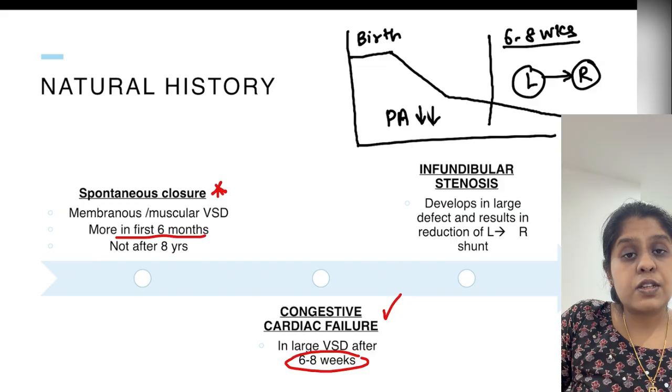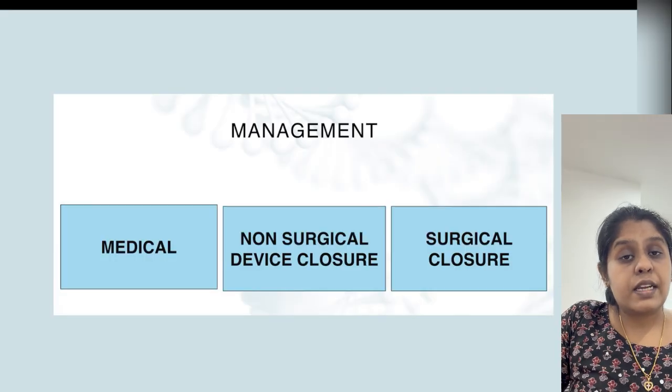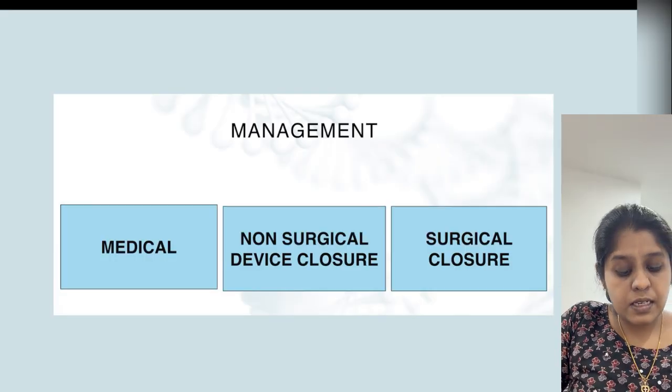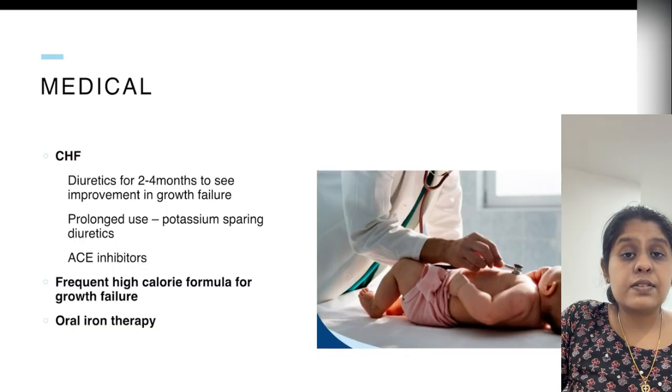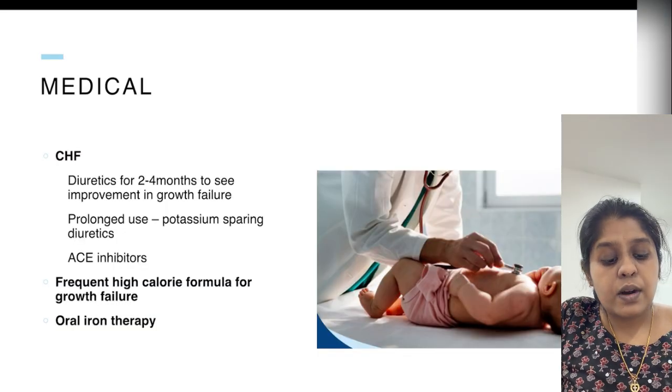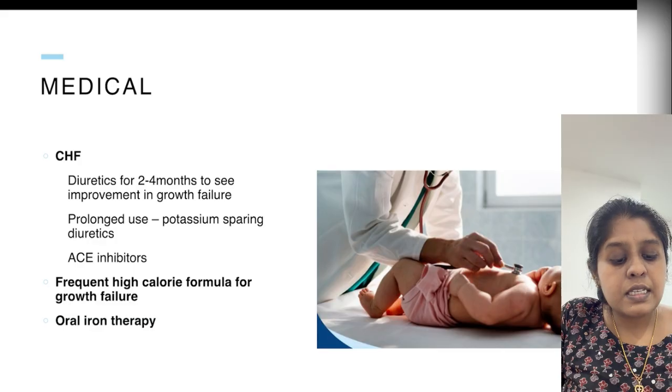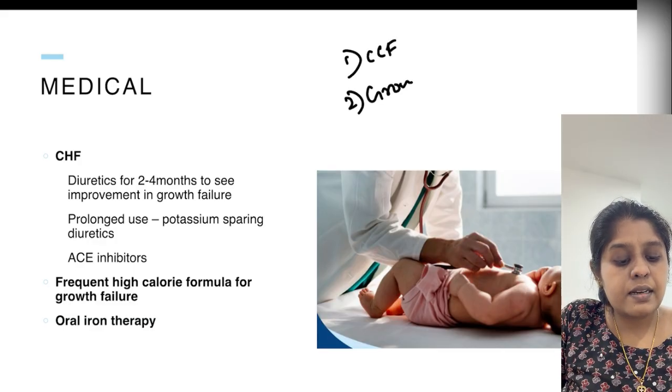Coming to the management of VSD, we have medical management and surgical management. There can be medical, surgical, and even non-surgical device closures. So coming to medical management, our goal in managing VSD includes three things. One is CCF prevention, second is the growth of the baby, and the other is iron deficiency correction.